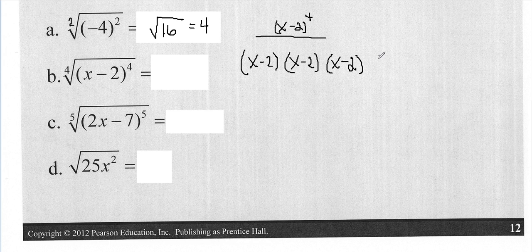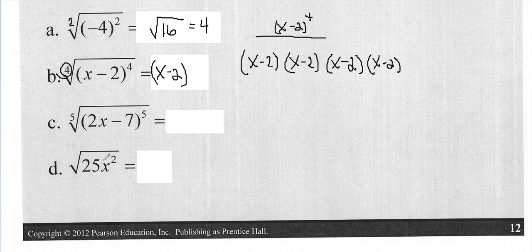Isn't that what x minus 2 to the 4th power means? It means 4 of these. And since the index number is 4, for every 4 factors of x minus 2, I'm going to take out one of them. Well, that's all I've got: 1, 2, 3, 4. So I'm going to take out one of them, and it's x minus 2. And that's what the 4th root of x minus 2 to the 4th power is.